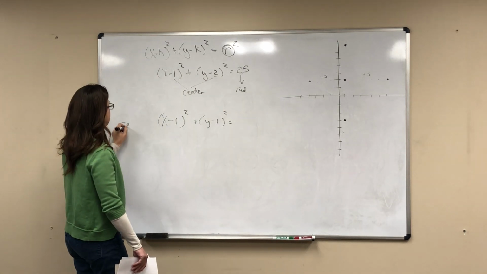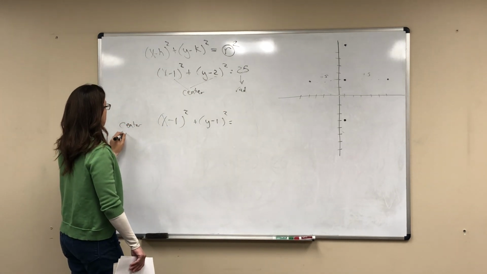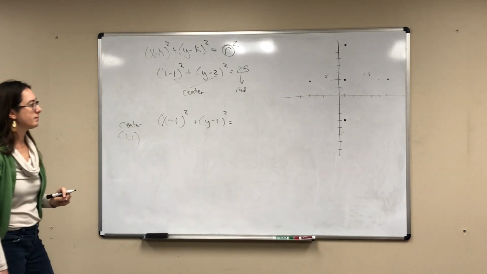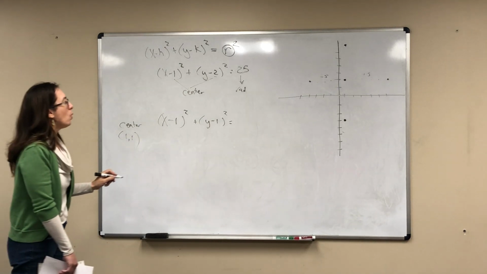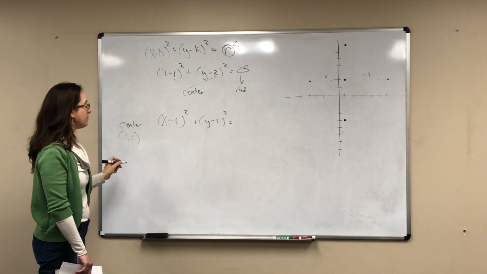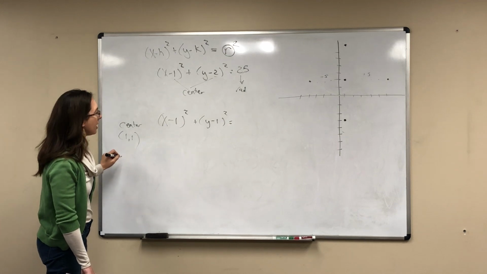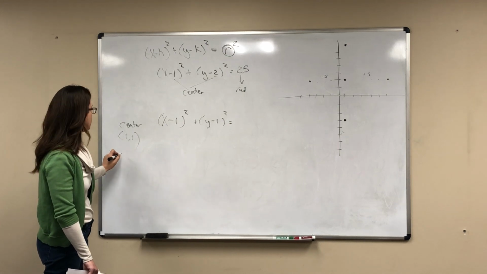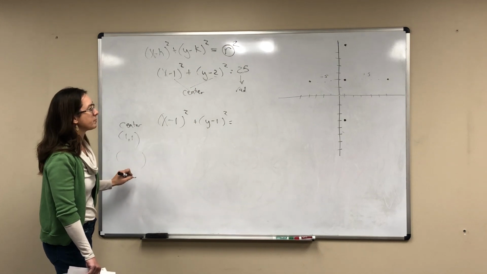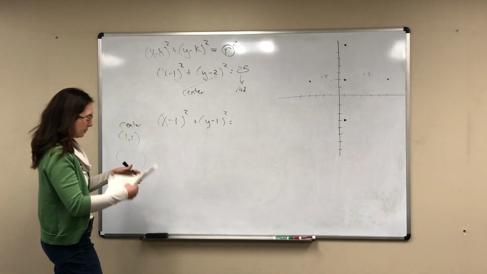So if I have my center, they tell me my center is at 1, 1. All right, and a point on the graph is at, I don't want to do that one. We'll figure it out. Let me see if I put one in here.